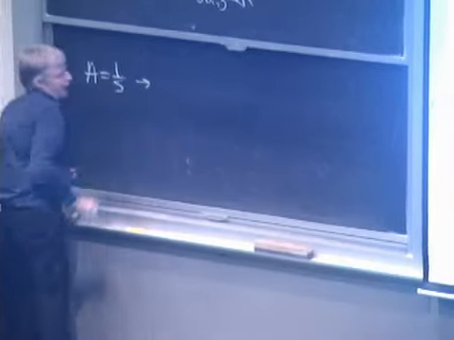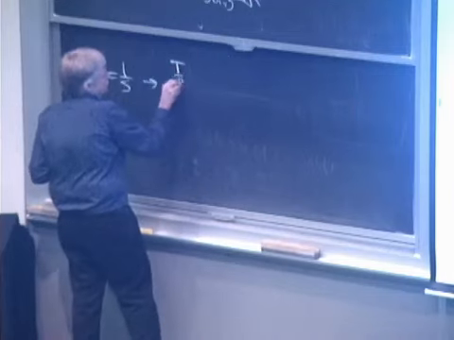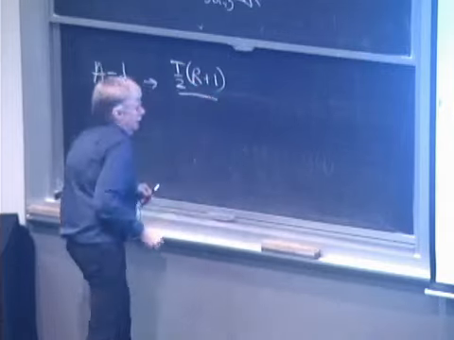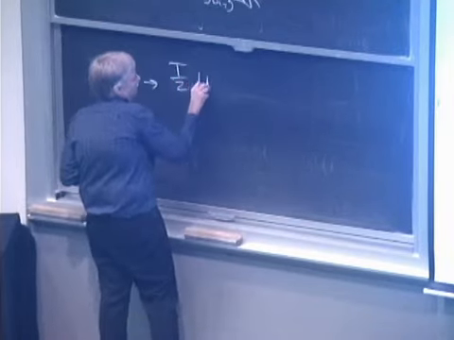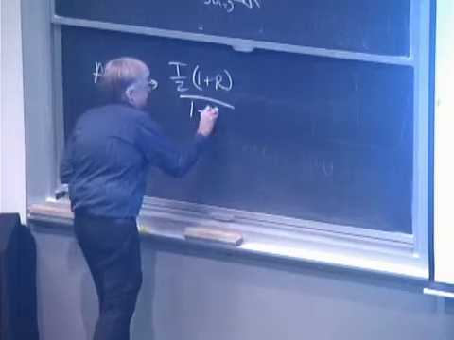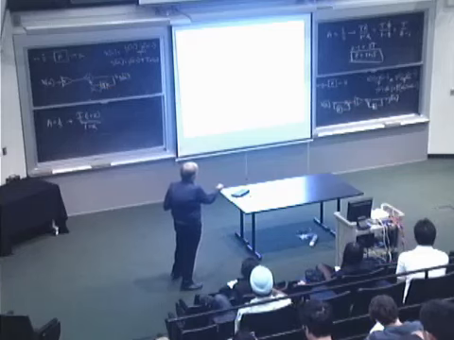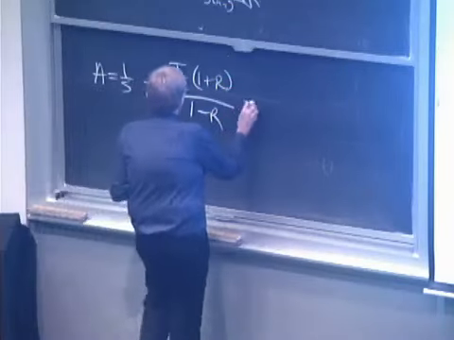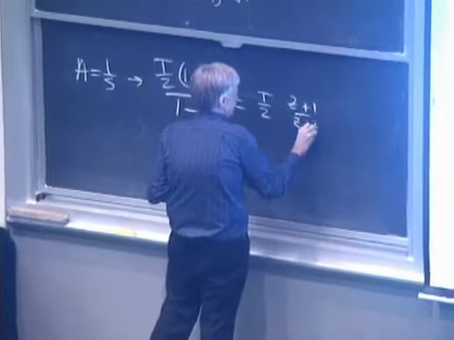So my A, which is the same as 1 over s, now becomes that block diagram, which looks like t over 2, looks like r plus 1. Let's see, 1 plus r. Let's do it the other way. So t over 2, 1 plus r, 1 minus r. So t over 2 from here, 1 plus r from here, 1 over 1 minus r from there, which I can convert into z, and I'll get t over 2, z plus 1 over z minus 1.